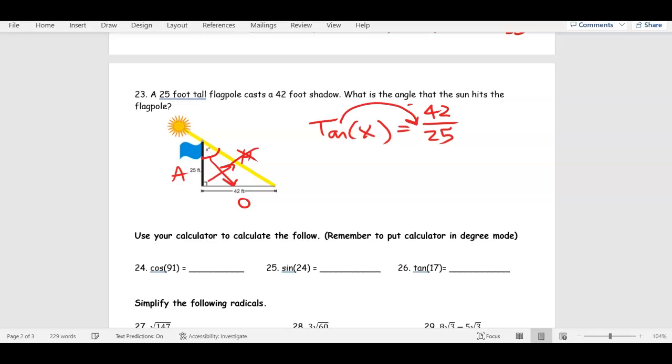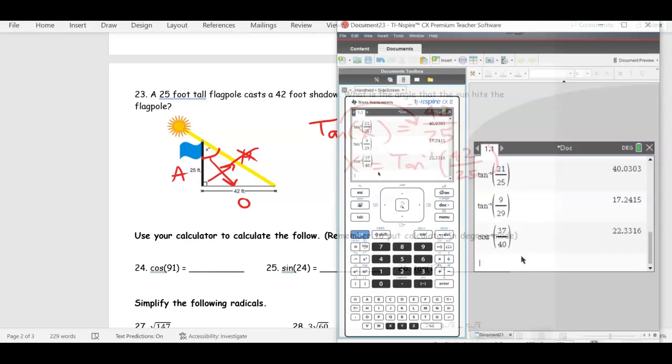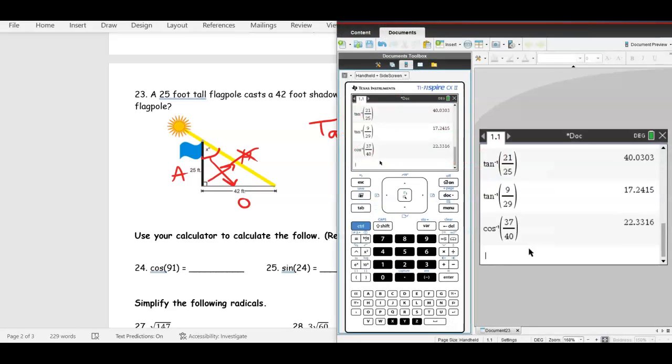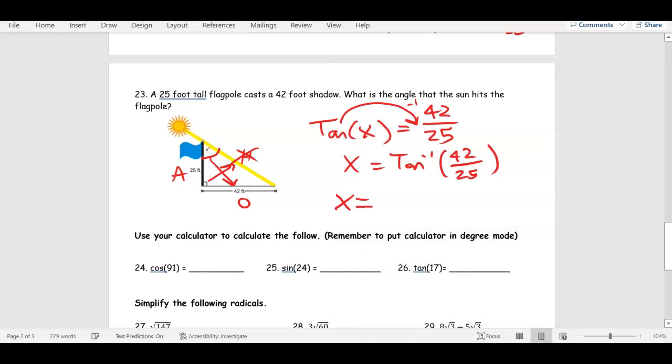Tan moves to the other side and becomes inverse. We get tan inverse 42 over 25. We get 59.24 degrees.